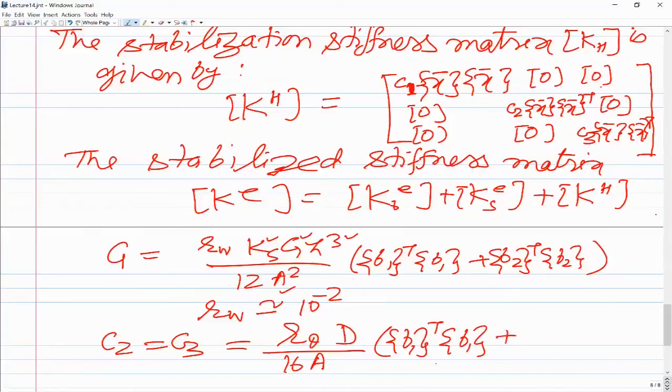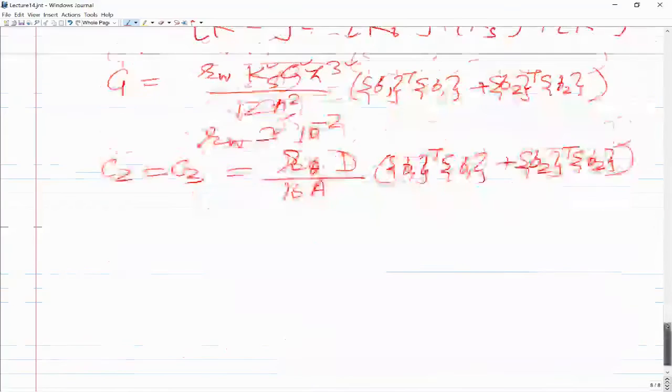B1 transpose into B1 would be scalar, but when you are talking of these here, there is a transpose, so gamma bar into gamma bar transpose would be a 4 by 4 matrix. And then B2 transpose into B2. So this would be C2. R theta would be similar to the RW value. So this is what is done.